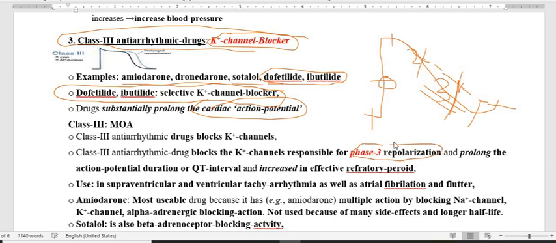So because of the blocking of the potassium channel, there is prolongation of the repolarization phase, and therefore it prolongs the action potential, it prolongs the QT interval, and it prolongs the effective refractory period. So this is very, very important.